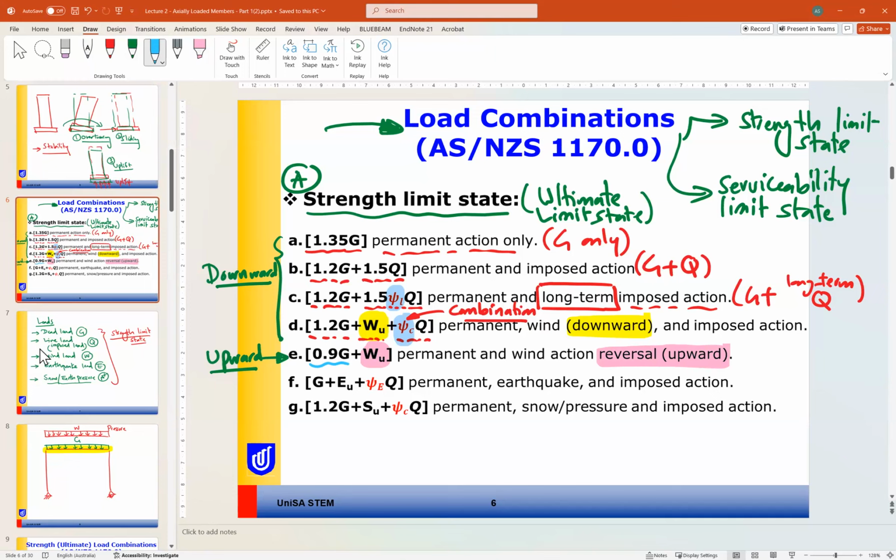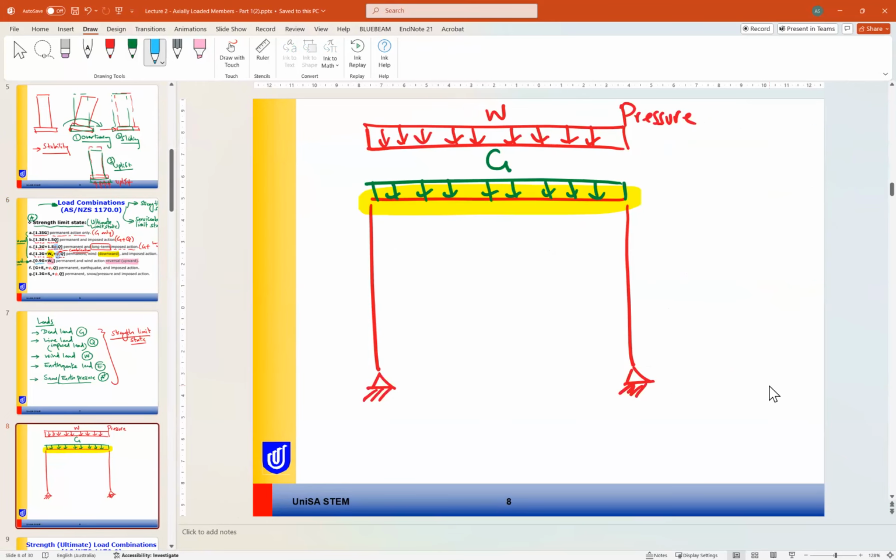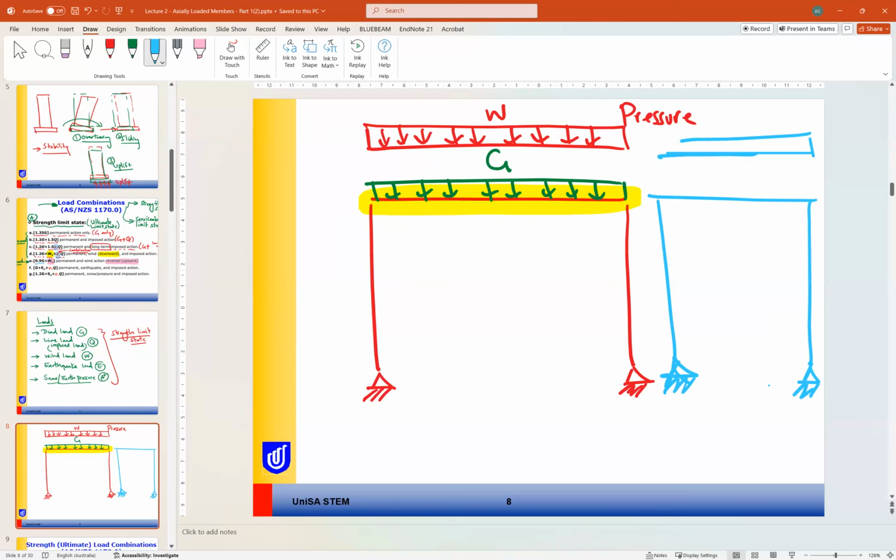So if we go to this slide here, another case for this frame, if we have the wind, instead of wind downward, the wind is going up. We call this suction, and the wind here is going upward.